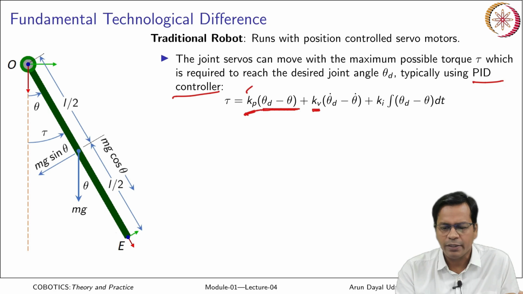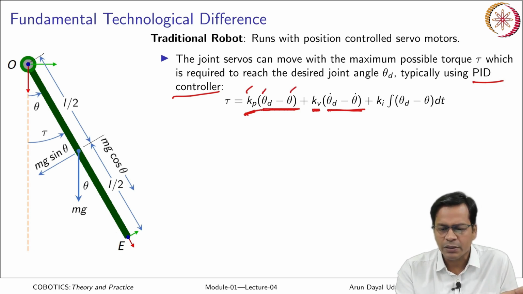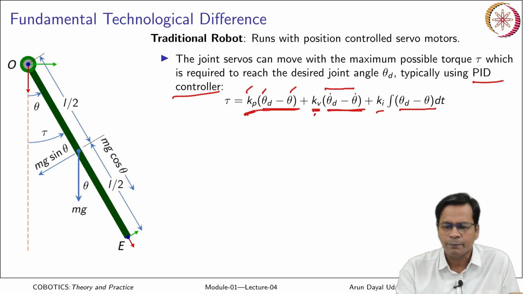This is velocity gain, so this is joint angular velocity error, desired versus actual. The left one is the desired, the right one is the actual. Same here, this is joint velocity error multiplied with Kv, and the joint angular error integrated over a period of time multiplied with Ki, that is the integral gain. So this essentially is a PID controller that provides the torque.